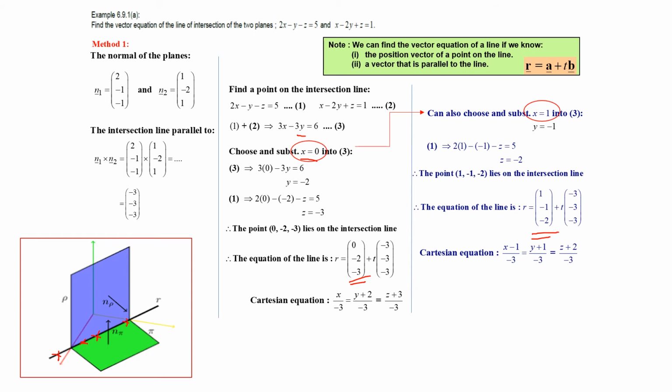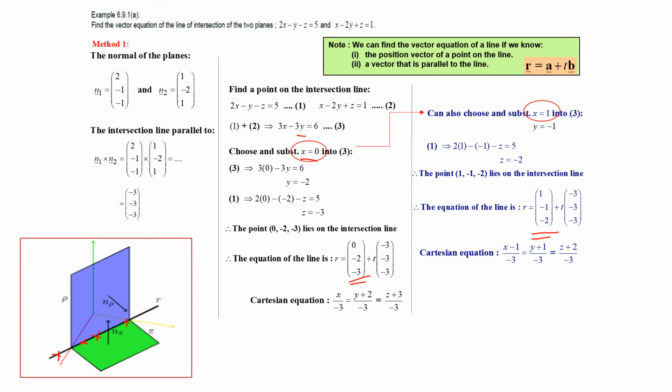So the question now is, when we check your answer, how do we know this is the correct point, this is the correct equation? Because if I have 10 students, all of them may give me different position vectors, so the answers can be slightly different. How to check whether this point really lies on the intersection line?